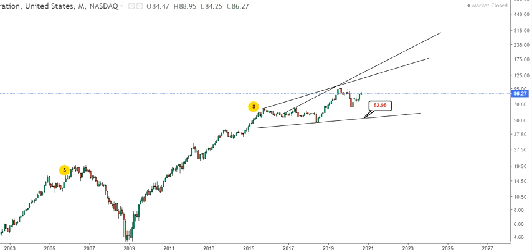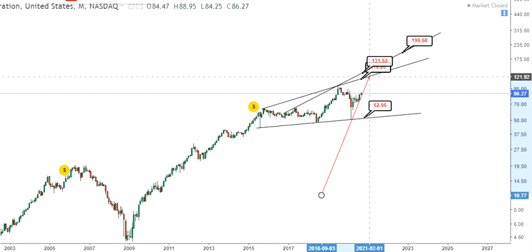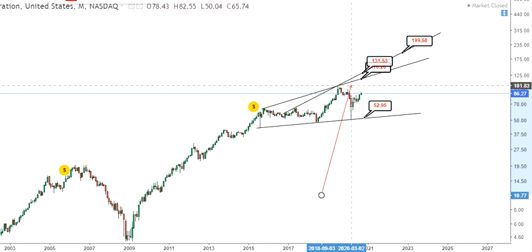On the upside you have 116, and if the stock crosses 116, then you have a range between 131 to 199. So the first target will be near 110. Actually, don't stick with the price, just stick with this line.